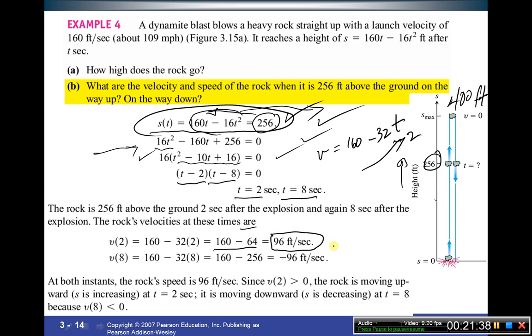So its velocity is positive on the way up. Calculating this at t equals 8, when it's on the way down, we get 160 minus 32 times 8, equal to minus 96 feet per second. Notice its actual speed is exactly the same at t equals 2 seconds and at t equals 8 seconds.